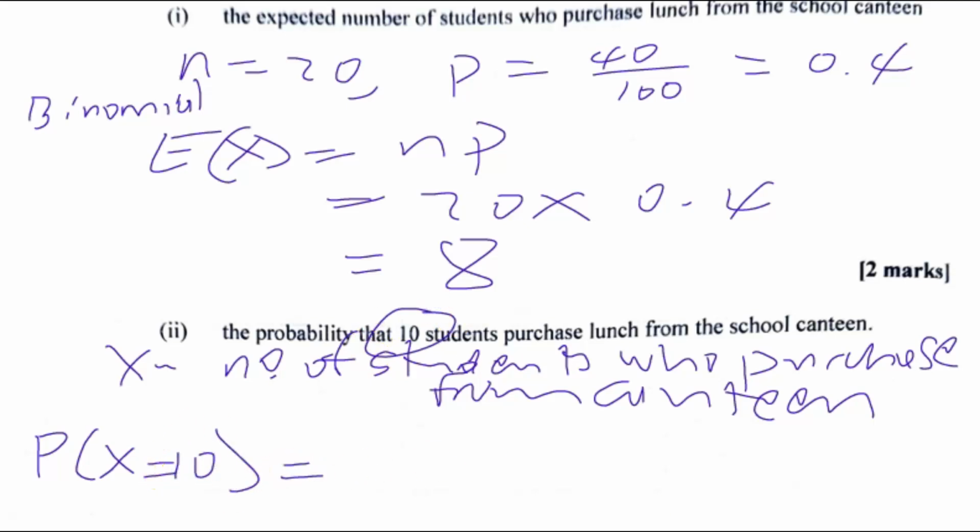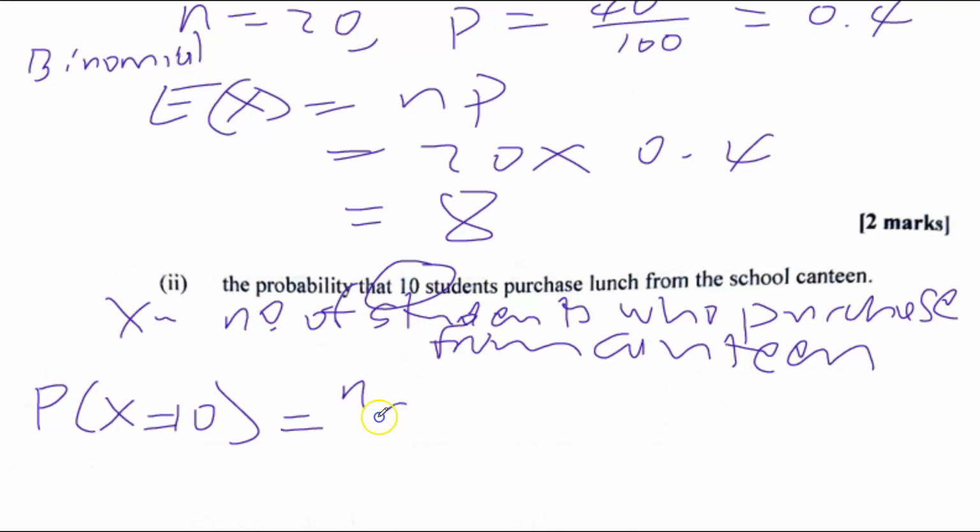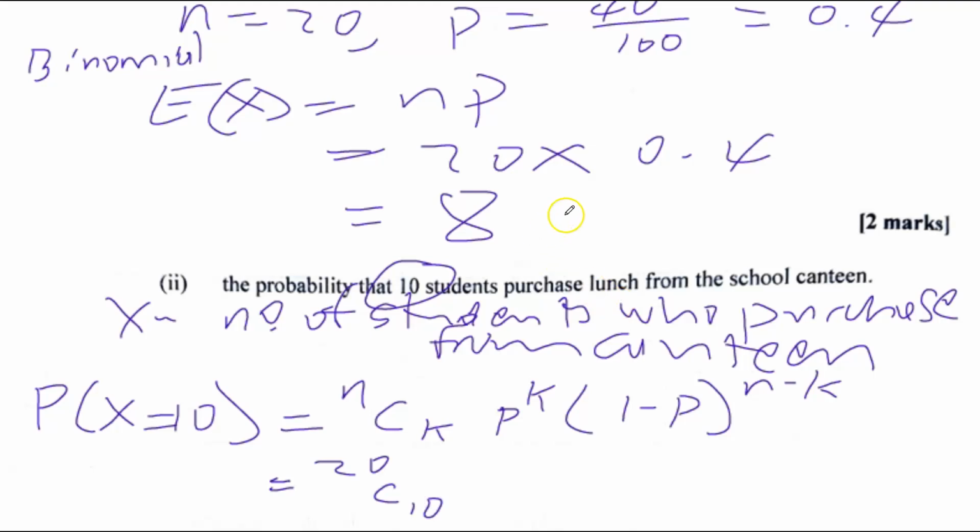And the probability formula, let me write the formula. So the probability formula is nCk p to the power of k, (1 minus p) to the power of n minus k. In this case, k is 10. And n, we talk about 20 students, right? So it's 20 choose 10. The probability was 0.4, so 0.4 raised to the power of k, and we talk about 10 students, so k is 10. 1 minus p, so 1 minus 0.4, that's 0.6.